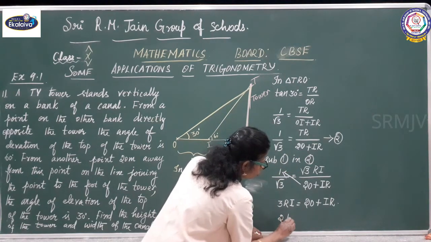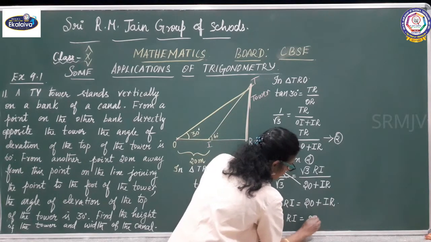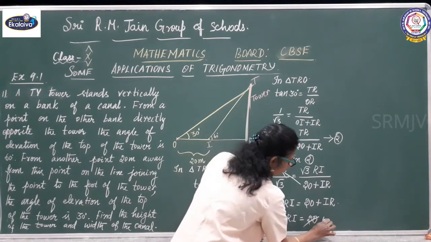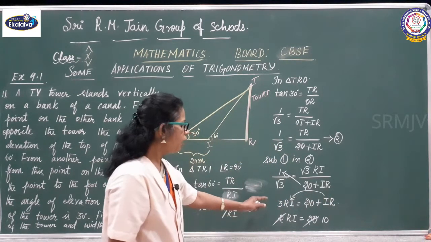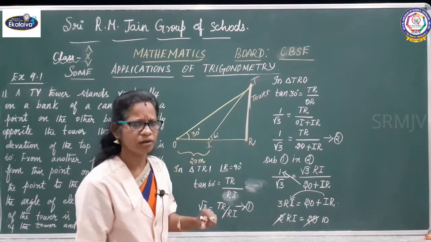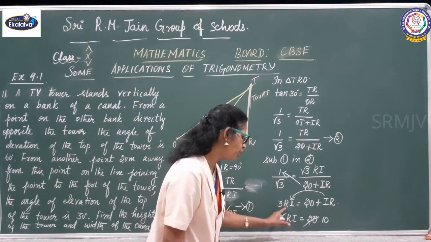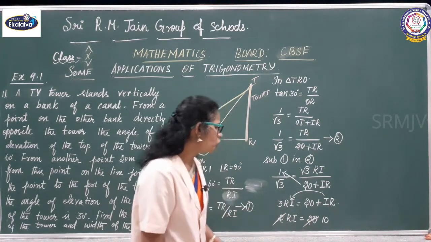Now 2RI equal to 20. The IR you shift to this side, minus IR. 3RI minus 1RI or IR, whatever it is, it's correct only, right? RI or IR. So RI equal to 10.